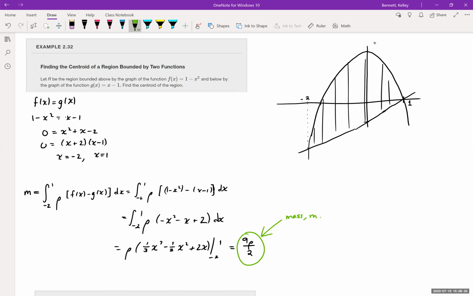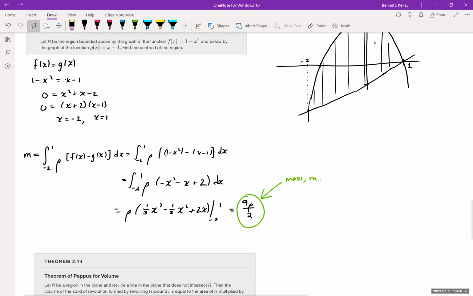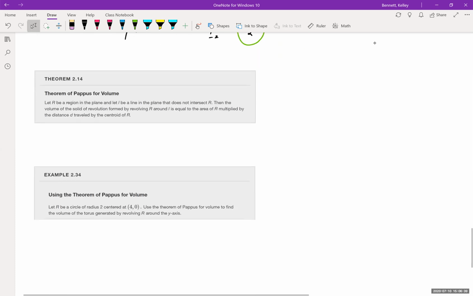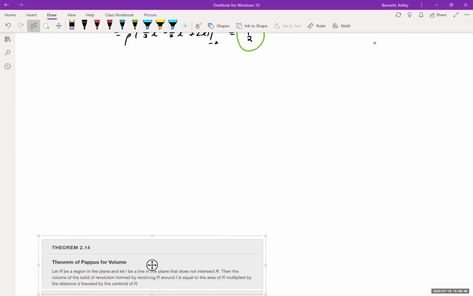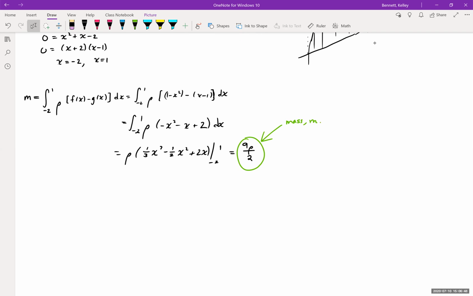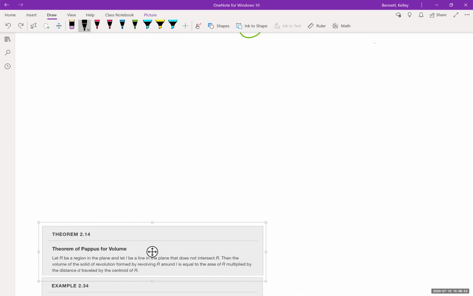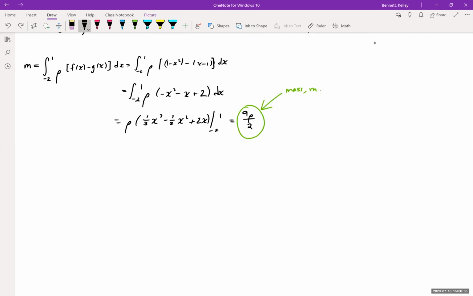The next thing we need to do is find our moments about x and about y. So if I compute m sub x, I'm going to get the integral from negative 2 to 1 of rho, a constant density function.